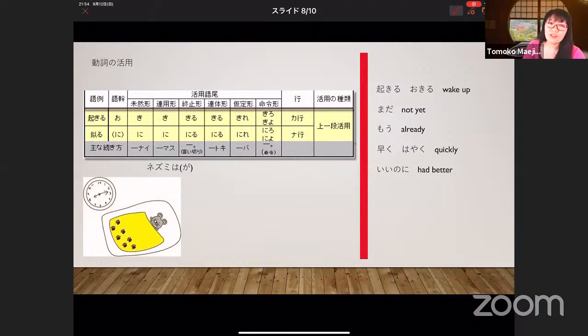So the first one, you're simply saying the mouse doesn't wake up. Negative form. So wake up is 起きる. So O is the stem. And then you need to change the 切る part.